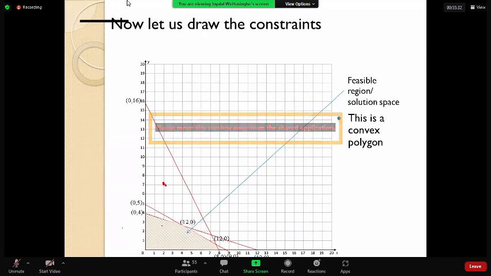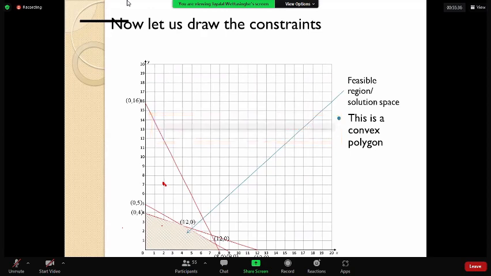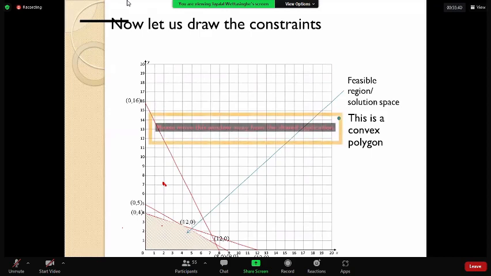Greater than 0 means positive. But if we take minus 0.01, that is negative. We cannot take that. So then how many points can we have here?